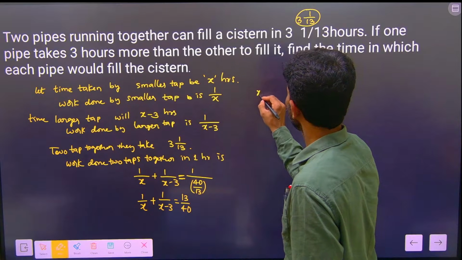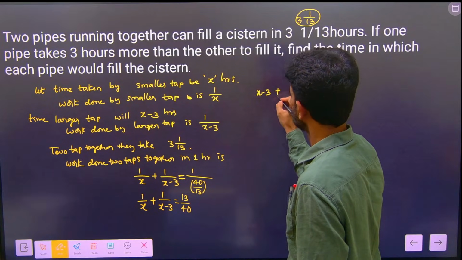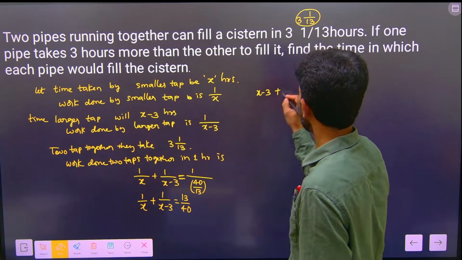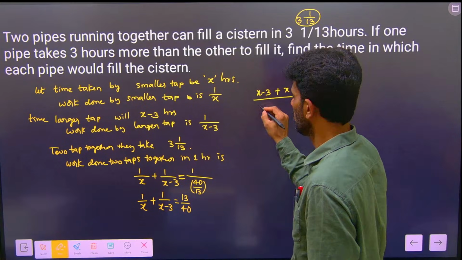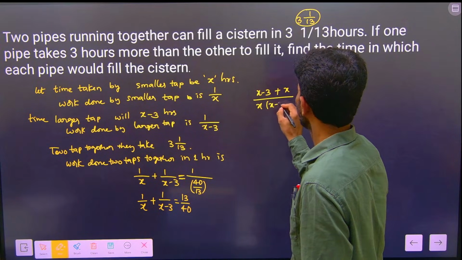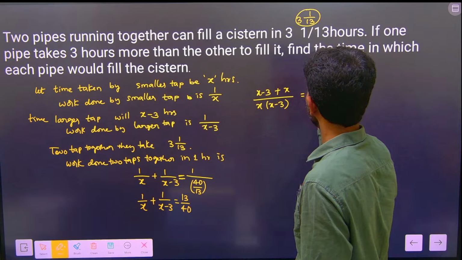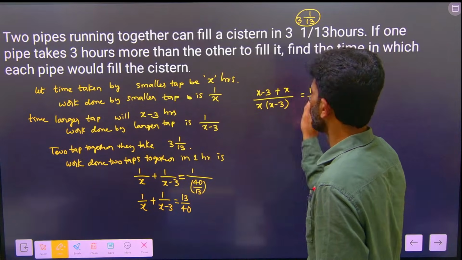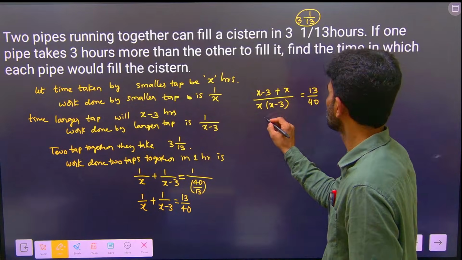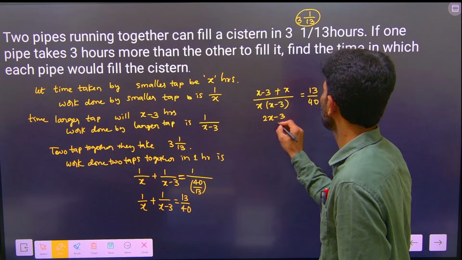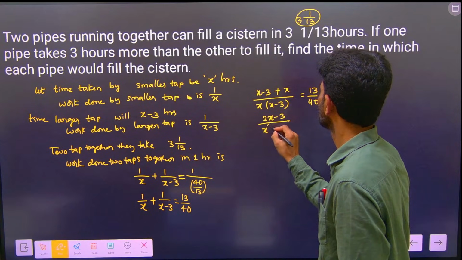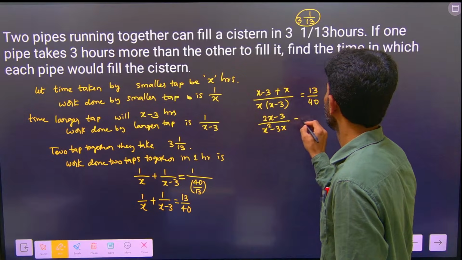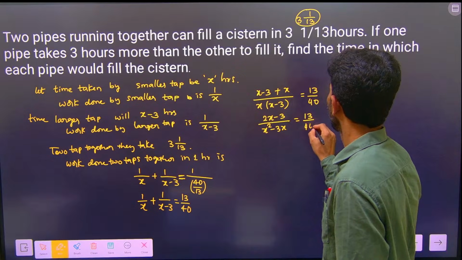So x minus 3 plus x into 1, x by x into x minus 3 is equal to 13 by 40. You should be careful about it. X plus x, 2x minus 3 by x square minus 3x is equal to 13 by 40.